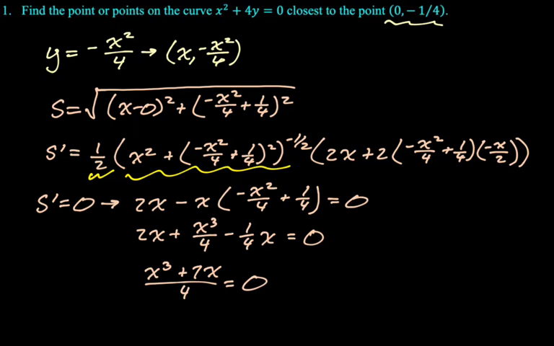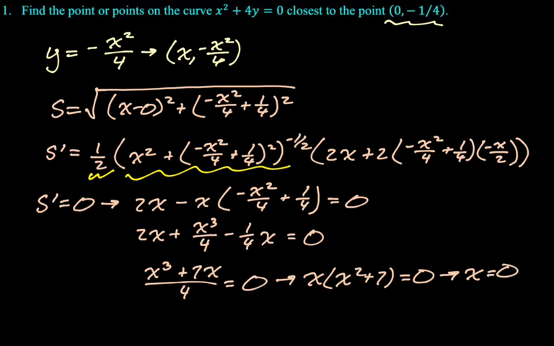That 4 is gone, and then factor x cubed plus 7x to get x times the quantity x squared plus 7, equals 0. Either x is equal to 0 or x squared plus 7 equals 0, but x squared plus 7 does not equal 0. So the only thing we get out of this is x equals 0.